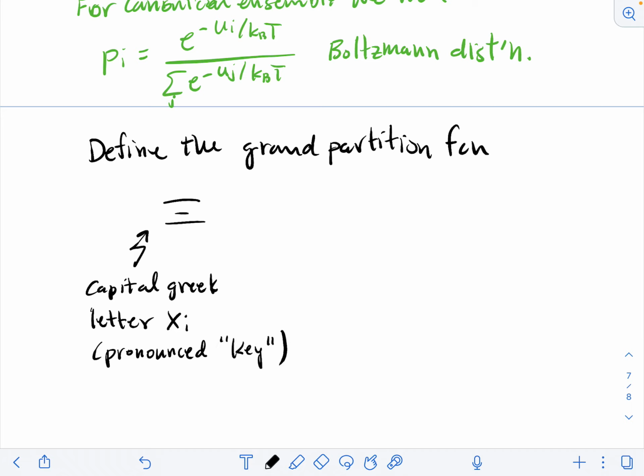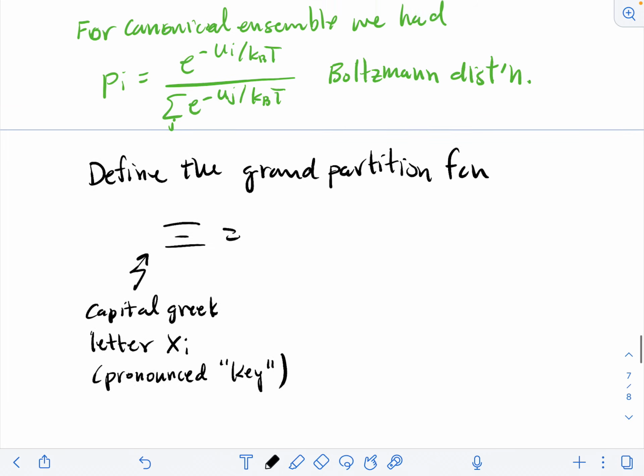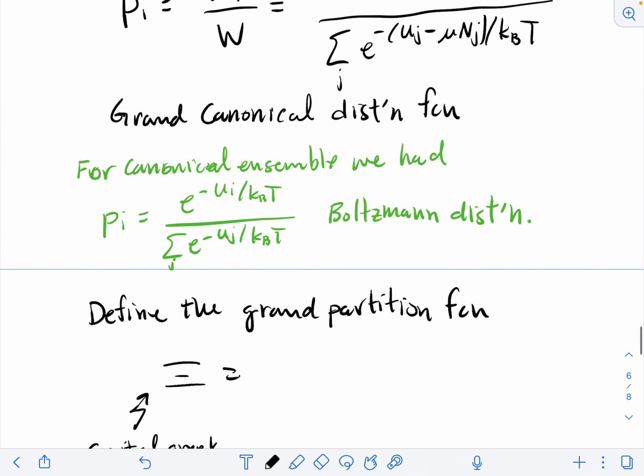Okay, and so the grand partition function is just the denominator of the probability above, and so it's the sum over j of e to the minus Uj minus mu Nj over kBT.